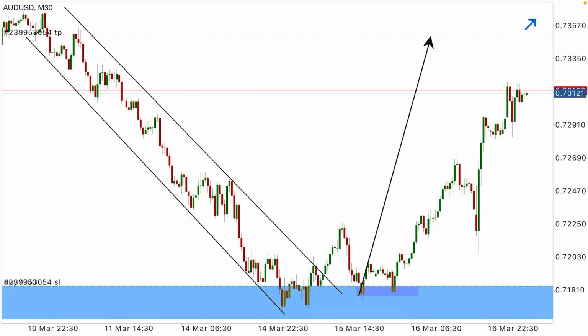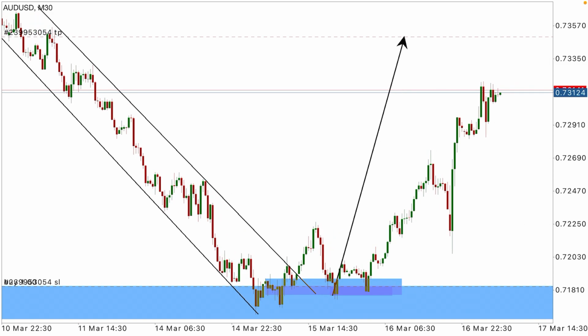This is a downward channel, and this is a trend line. The price was moving in a channel, and then there was a breakout from this channel. There was price reaction to the demand zone right here.